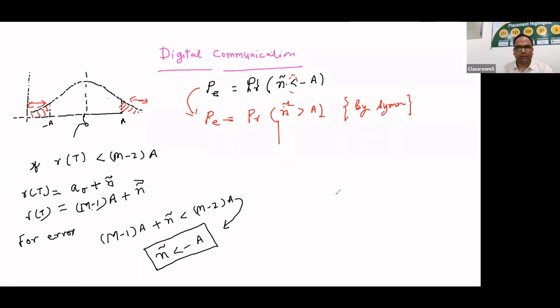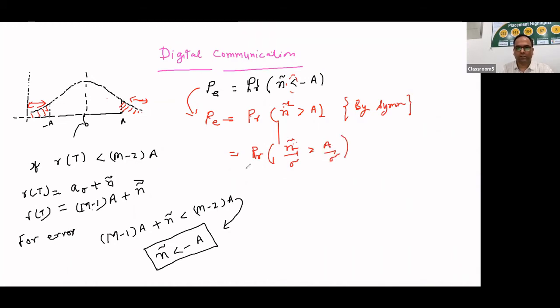And we know that this is a very popular relationship. We can make it a standard Gaussian. How? We have to divide it by sigma on both sides, to make it a standard Gaussian. So it can be simply written as the probability that n tilde divided by sigma is greater than a by sigma.